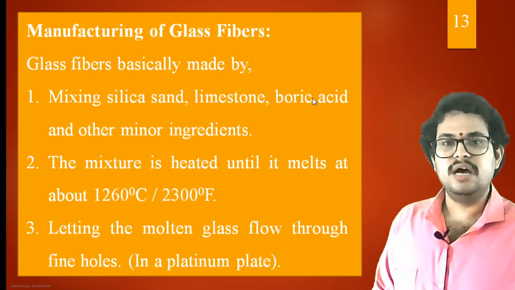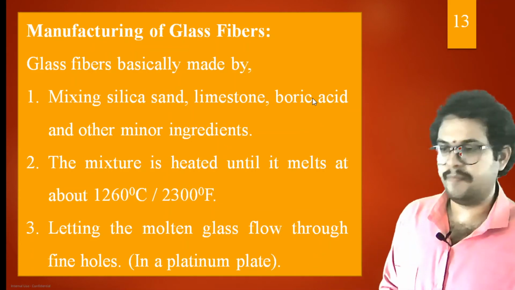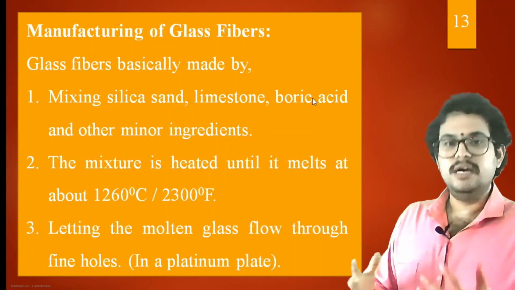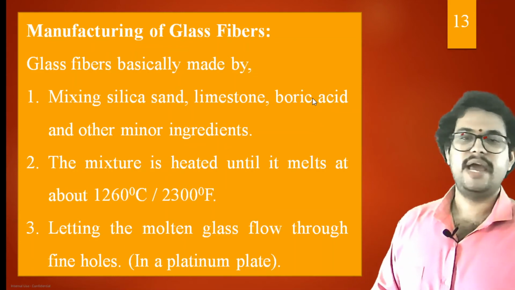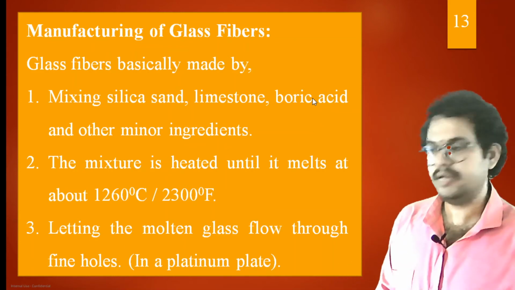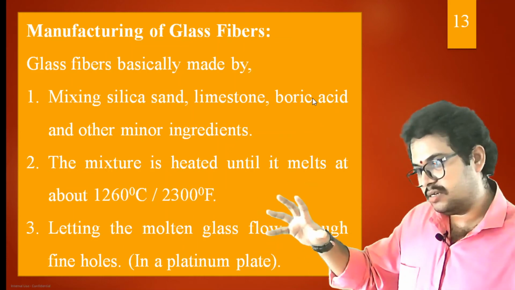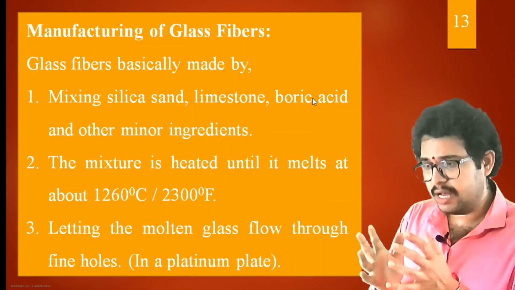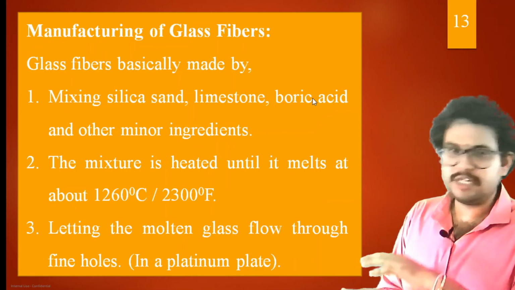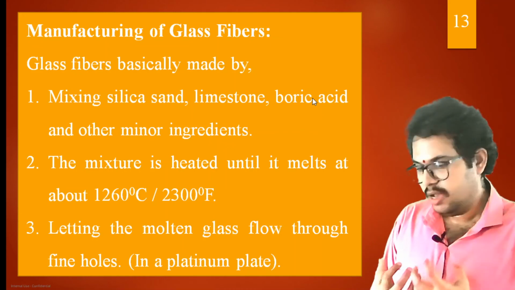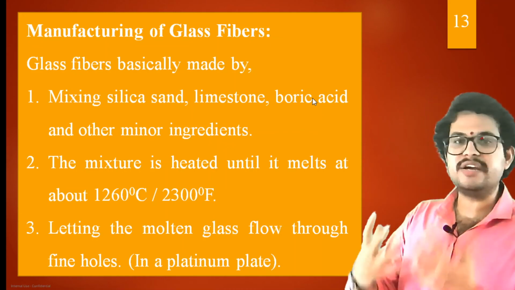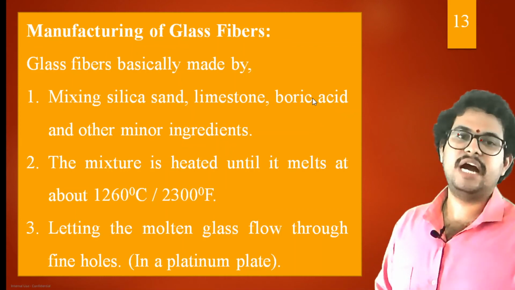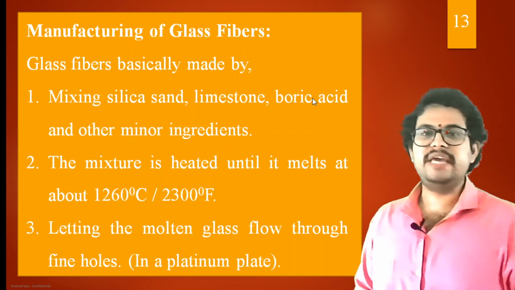Before melting, we will mix different elements like silica sand, limestone, boric acid and other minor ingredients, so that the mixture, when supplied with heat energy, gets heated up, one form of material gets converted to another, the internal energy increases, and finally the glass raw material starts melting.